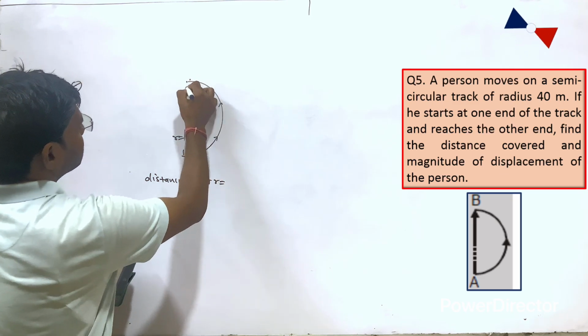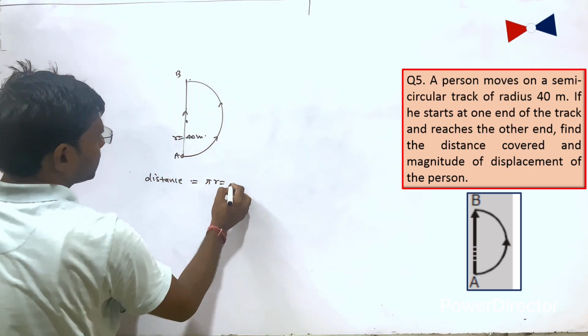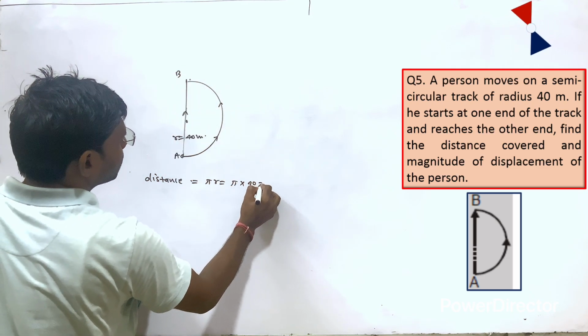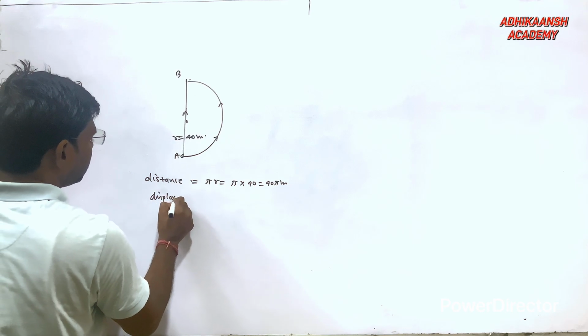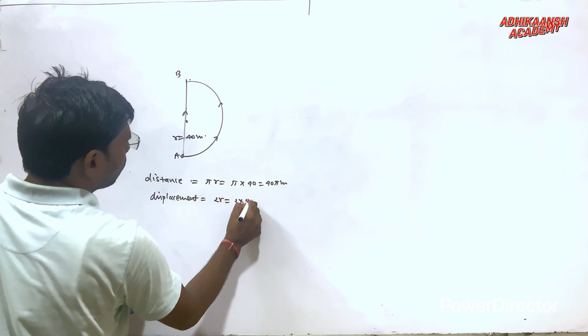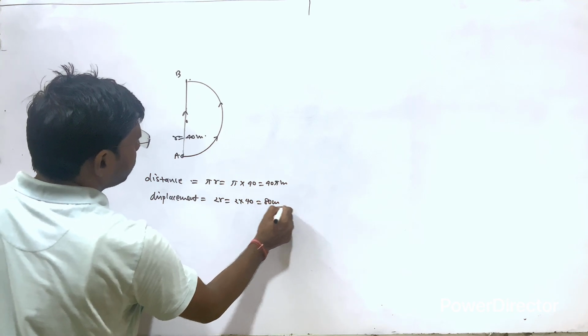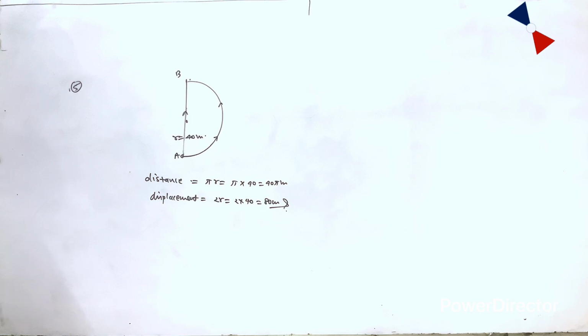This is the path length, and this is the displacement. From A to B, this is the displacement. Pi into 40 is equal to 40 pi meter. And what about the displacement? The displacement is nothing but equal to 2r. 2 into 40 is equal to 80 meter is the displacement. So this is the very simple question. All right.